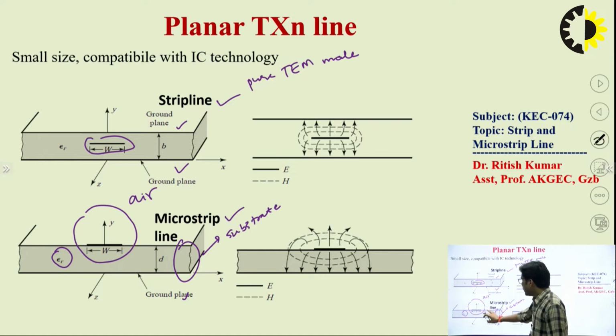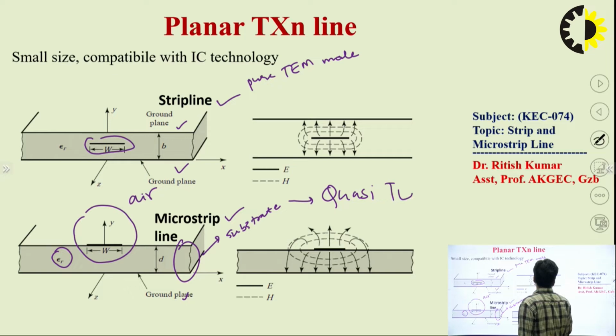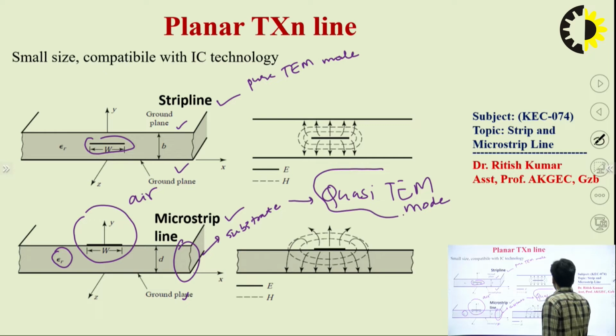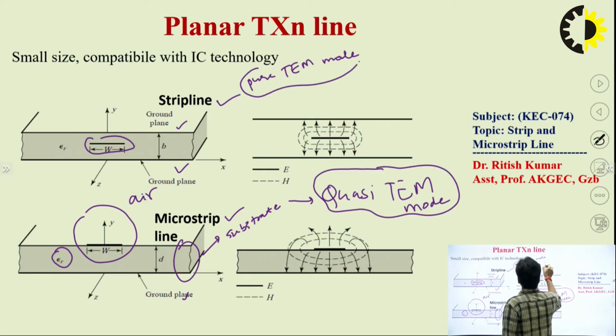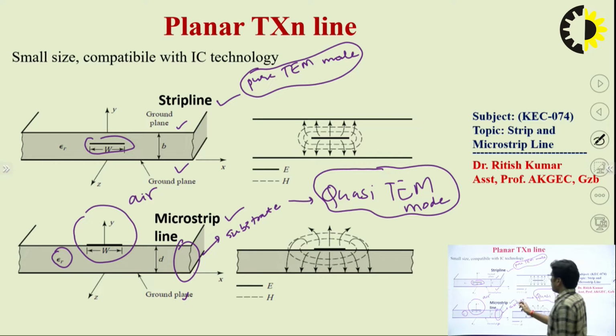Due to not having a homogeneous surrounding medium around the center conductor, this kind of microstrip line has the quasi TEM mode. So this is the main important point that we need to highlight here: the strip line has the pure TEM mode, while the microstrip line has the quasi TEM mode.